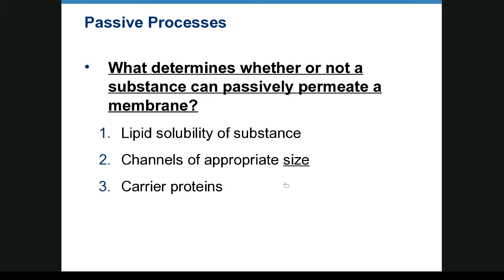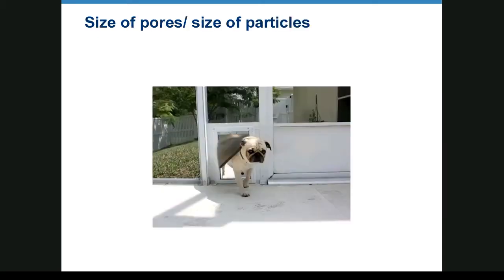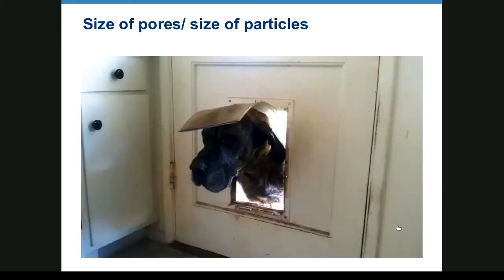Some require carrier proteins to get through. Now, this is not a membrane channel, it's a doggy door. And this dog has no trouble getting through this door because it's just his size. This dog, however, unless he rips the door apart, can't get in or can't get out of the cell, whichever way. He might be a large anion, a large protein, and he can't get out simply because of the size that he is.